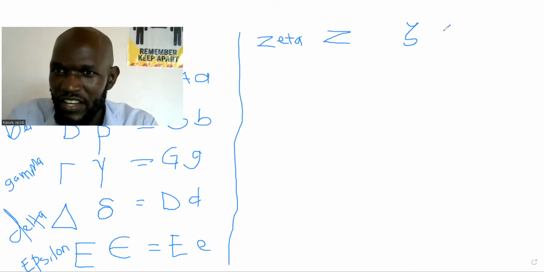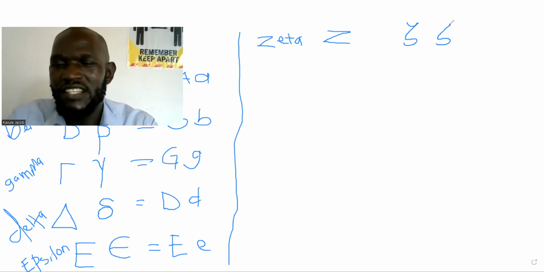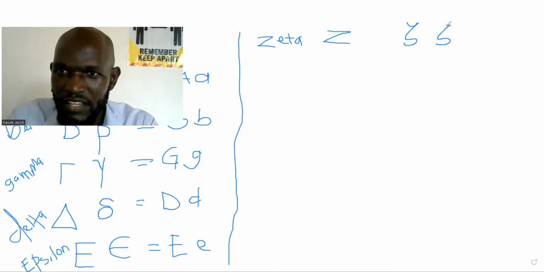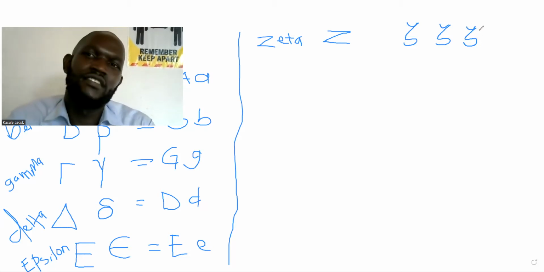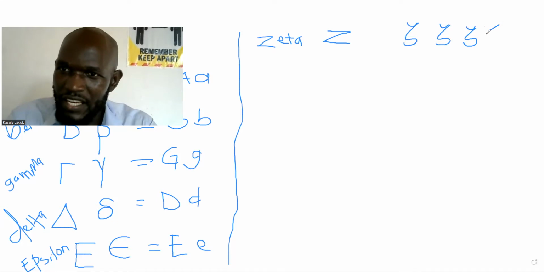Think of writing something like you're writing a slanted B, but you don't complete the curve underneath, and then you give it an ear.